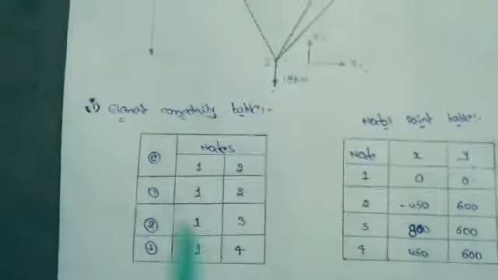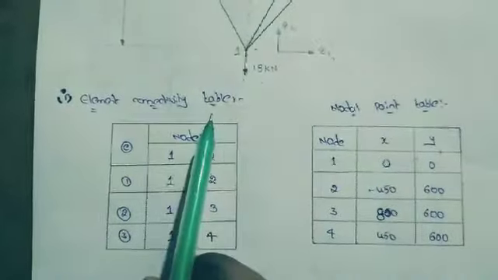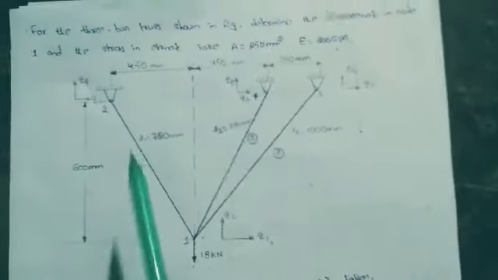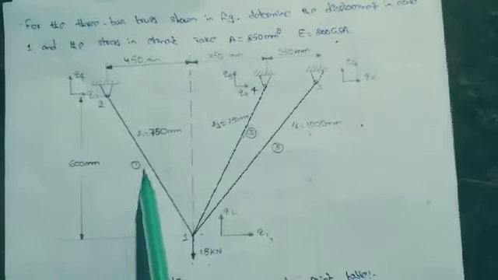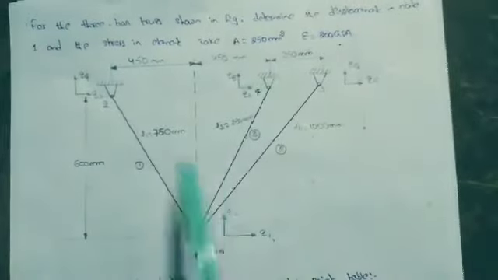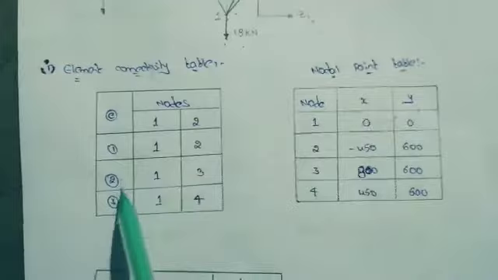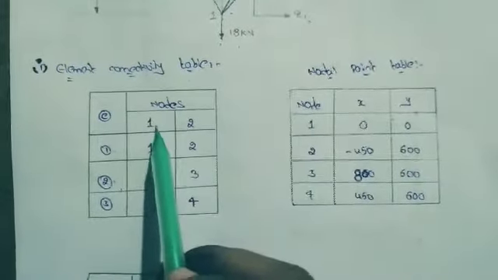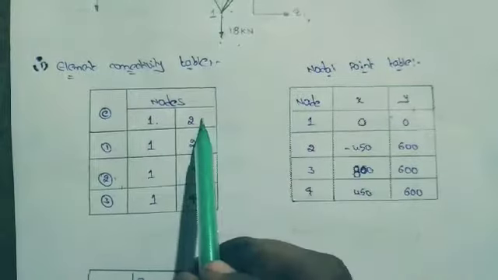First of all, you have to write the element connectivity table. In this diagram we have 3 truss elements, 1, 2, 3. Nodes 1 and 2 indicate the starting node and ending node of each truss.